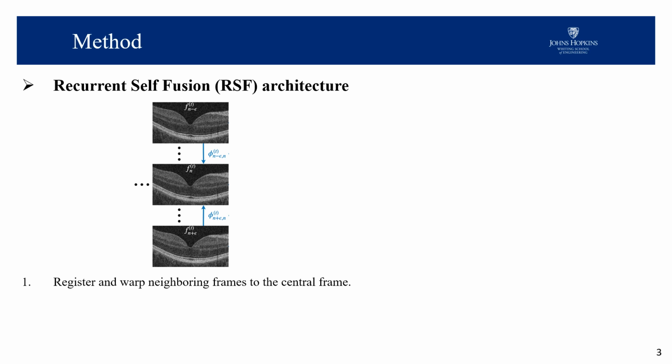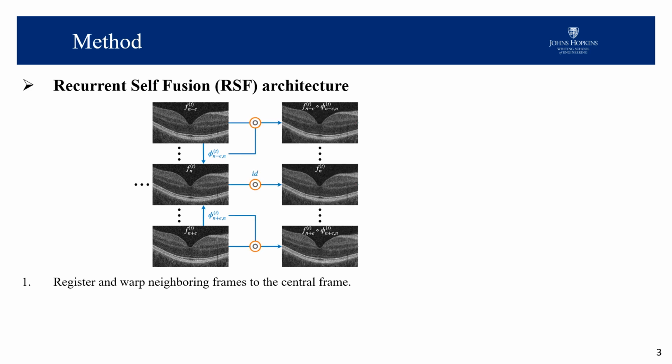For each B scan in the OCT volume, we first take out several labeling B scans that are centered at this B scan. For each labeling B scan, we register it to the central B scan by finding the deformation field phi. We apply this deformation field to the corresponding labeling B scan to get a raw B scan that looks like the central B scan. The central B scan remains the same.